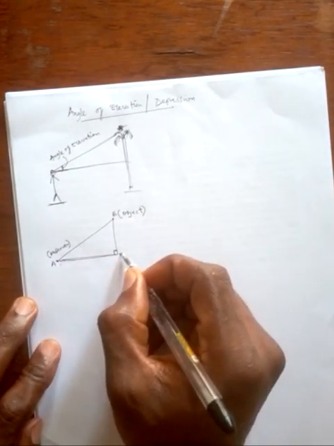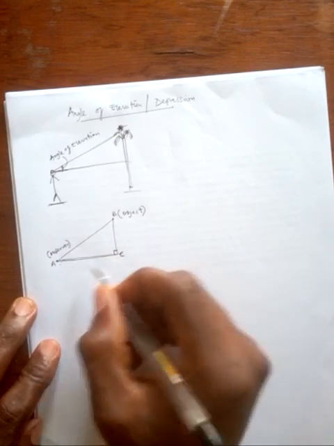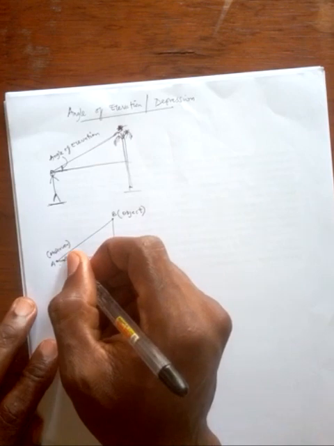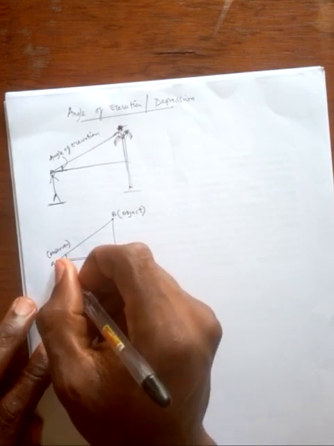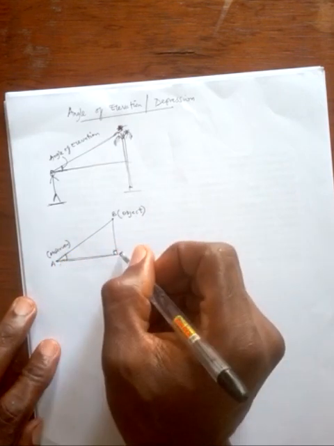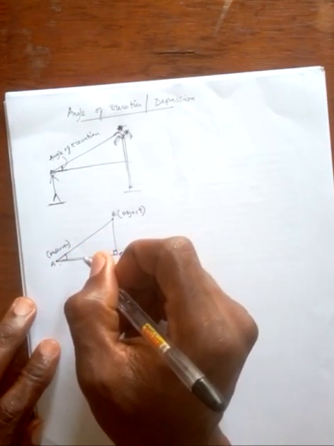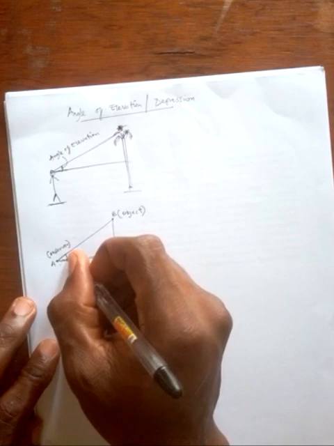This line AC represents our line of sight. So the angle of elevation is the angle formed between line AC and line AB. Let's call this theta.